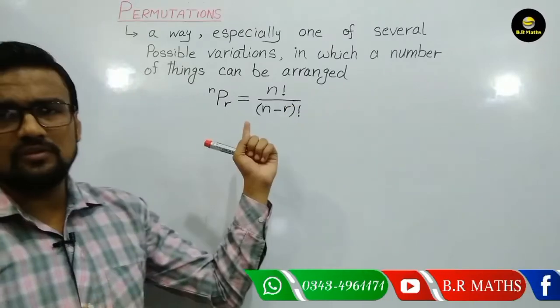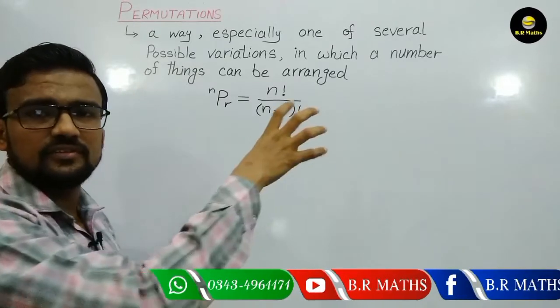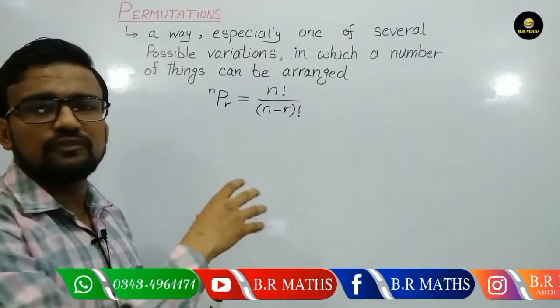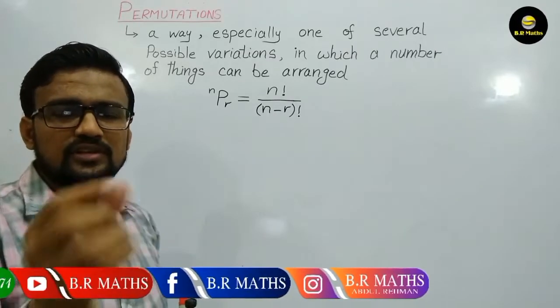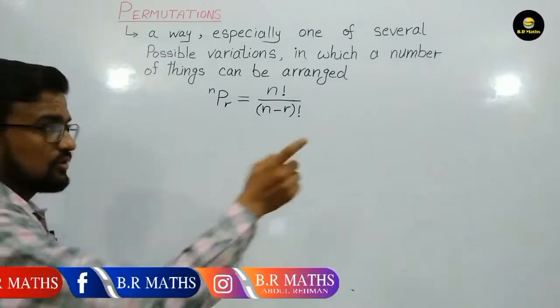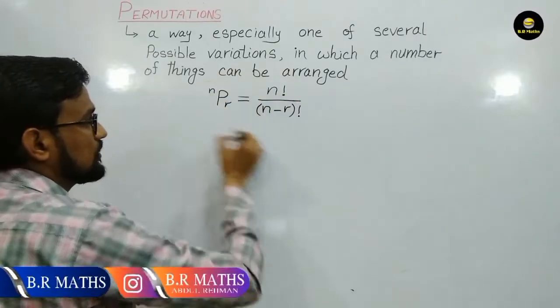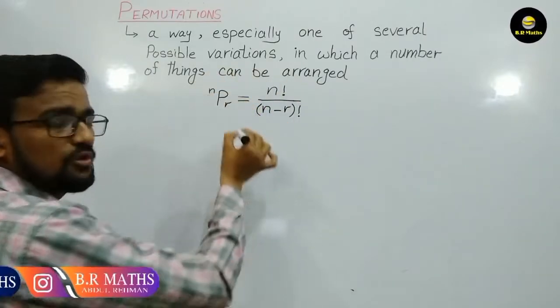Students, I have already discussed the concept of factorial in my previous lecture, and the link of this video is given in the description, so you can see it. This is the formula for permutation.